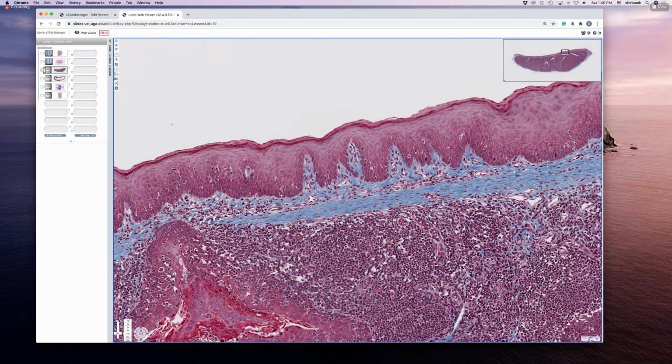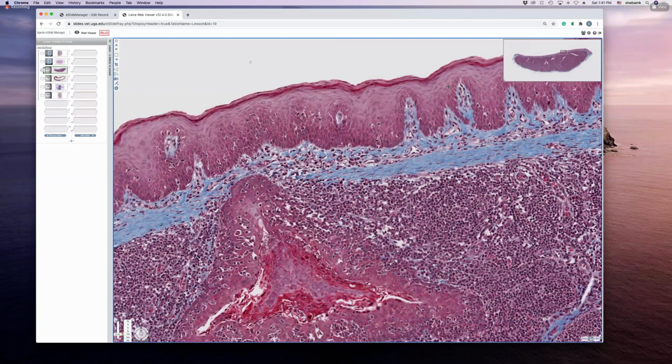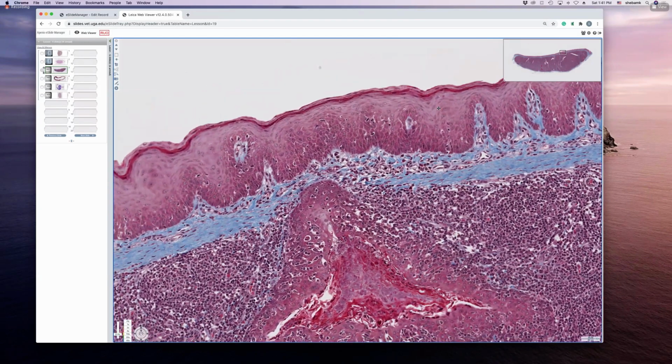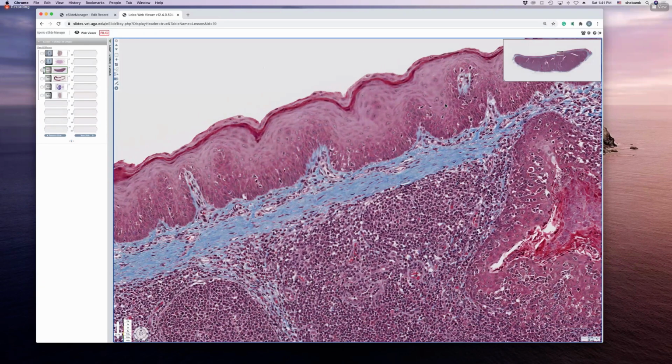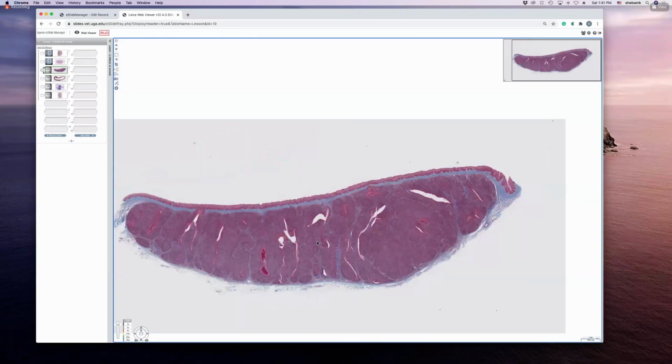So this is stratified squamous, and this is probably present in the oral cavity. So this could be a palatine tonsil or a lingual tonsil or a pharyngeal tonsil. All these areas are lined by stratified squamous epithelium, and you have it associated with this lymphatic tissue.